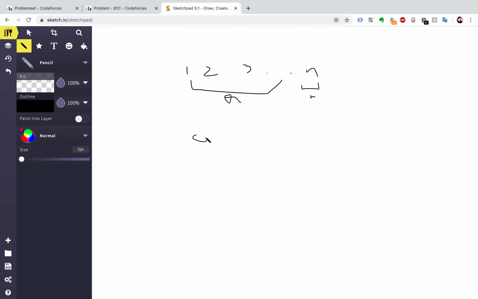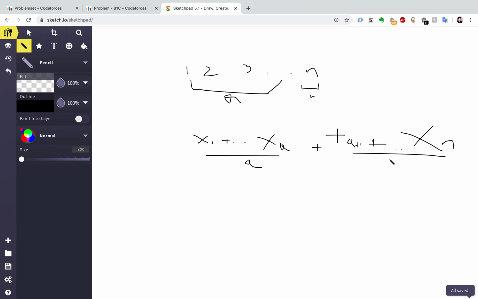The answer should be equal to the sum x1 till xa divided by a, plus the sum xa+1 till xn divided by b. This will give us some value y1, let's say.